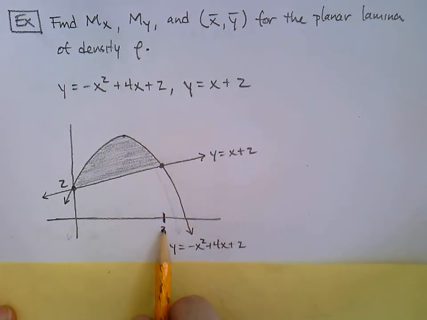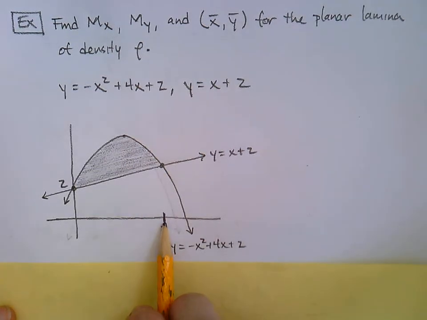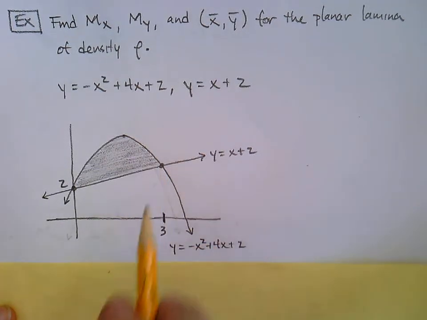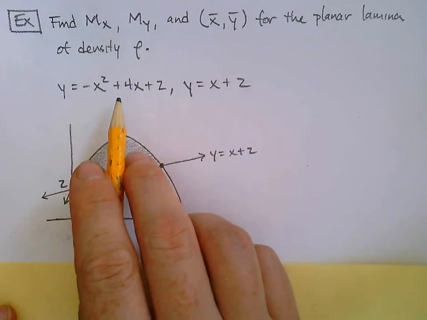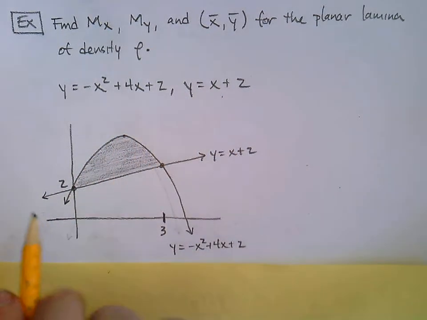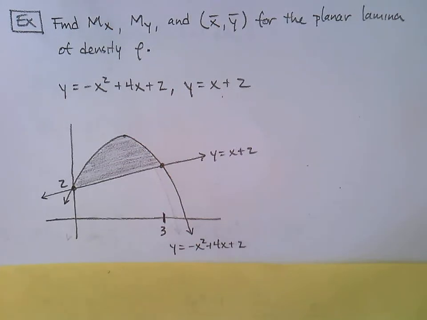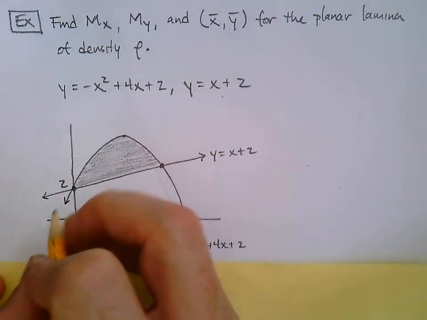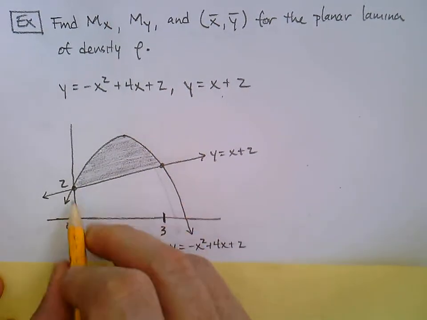If that wasn't obvious, well, you could always do it the old-fashioned way and set the 2 equations equal to each other and solve for x. That wouldn't take too long here, and it would actually produce both x values, at 0 and at 3.